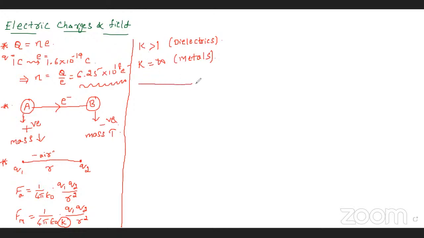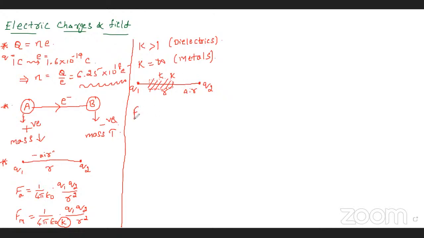Suppose I consider the 2 point charges Q1 and Q2, separated by a distance r. Now there is one metallic slab here, with thickness T and dielectric constant K. But remember, the remaining space is filled with air.